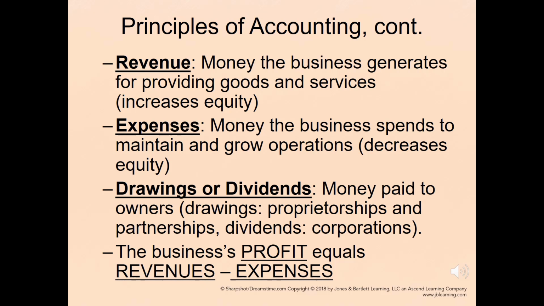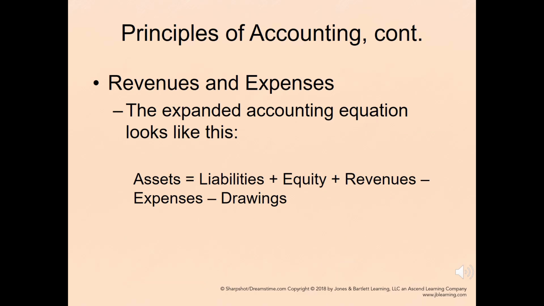Drawings or dividends: money paid to owners. Drawings are for proprietorships and partnerships. Dividends are for corporations. The business's profit equals revenue minus expense. The expanded accounting equation looks like this: assets equals liabilities plus equity plus revenue minus expenses minus drawings.